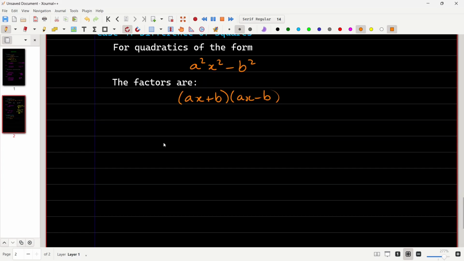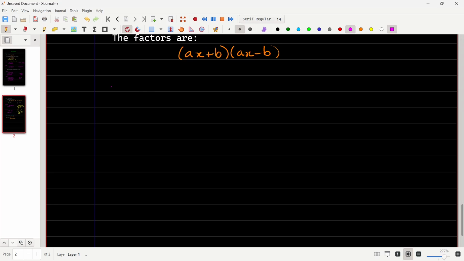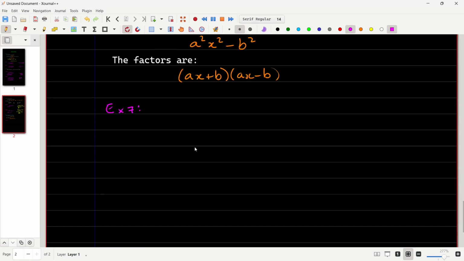All right, let's do some examples really quick, and that should explain any issues. I think that's 7. Yes, that's 7.